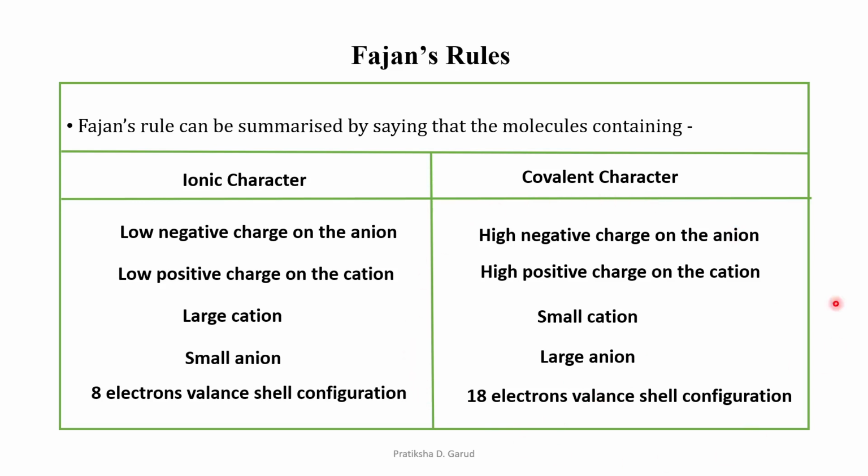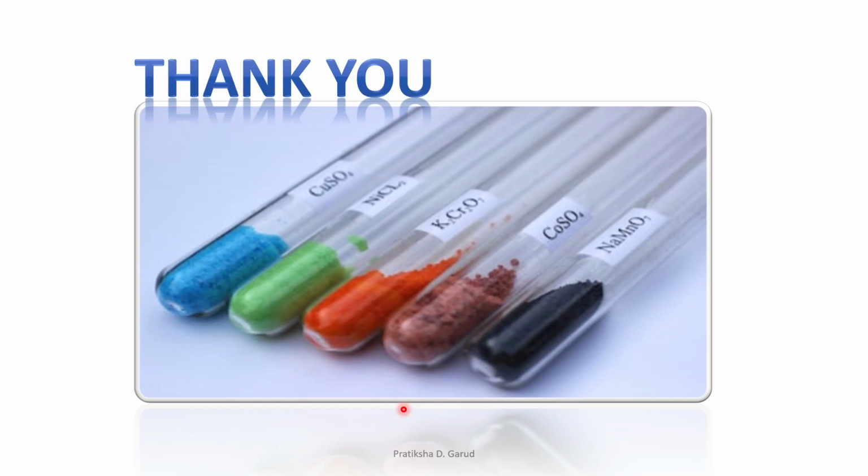Whereas for ionic character, we have a low negative charge on the anion, low positive charge on the cation, large cation, small anion, and 8 electron valence shell configuration. Thank you. So this is the second part of the ionic solids.